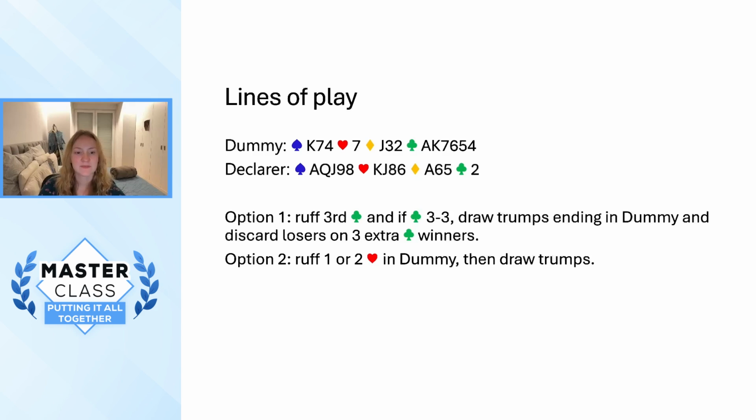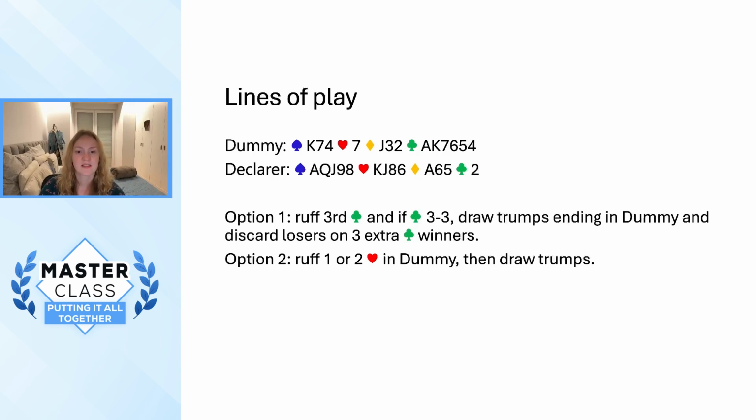The second option is quite different. It would involve instead deciding to ruff 1 or 2 hearts in the dummy, 1 or 2 depending on whether you solve your guess. And then you can draw trumps after that.